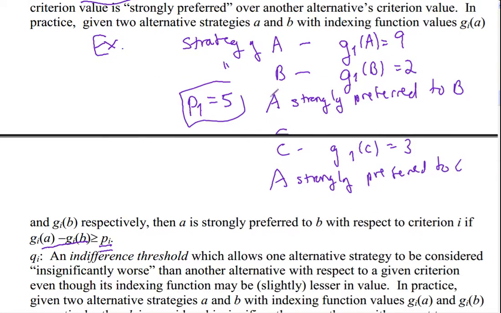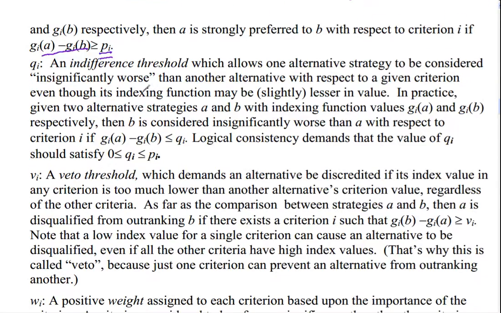On the other hand, we also have an indifference threshold that says, if I have two alternatives and one is only slightly worse than the other, then for all intents and purposes these two alternatives are equivalent with respect to that particular criterion.